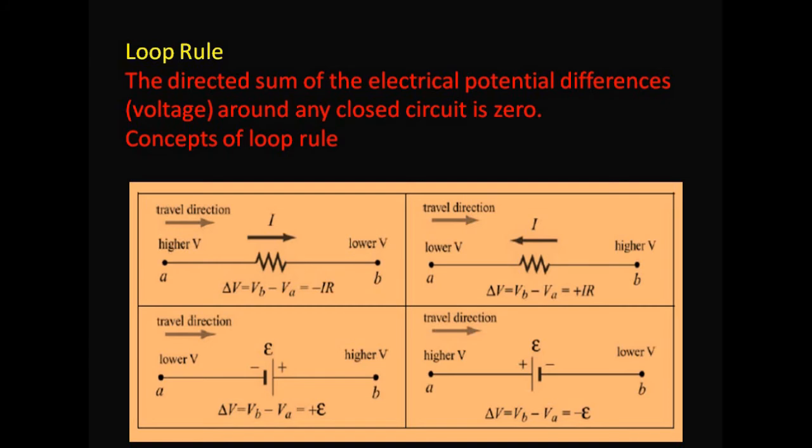And every cell will produce an EMF, or rather terminal potential difference. This is something you have to keep in mind when you talk about the directed sum of electrical potential differences. If you work along a closed loop, the net electrical potential difference across the various components would be 0. That's the meaning of it.